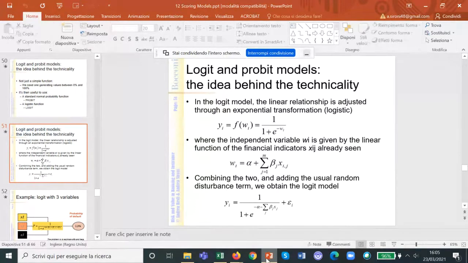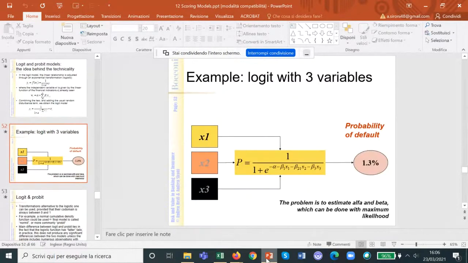And in this transformation, the dependent variable y is actually constrained between 0 and 1 as we wanted it to be, okay? And I must admit that the logit model is probably, together with the discriminant analysis model, the most common model that you see out there now in banking, okay?